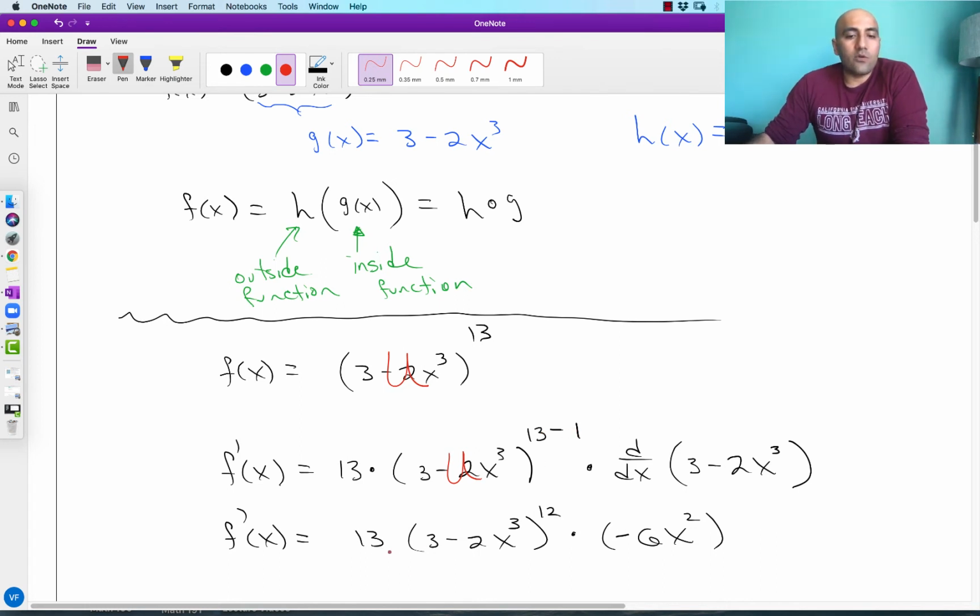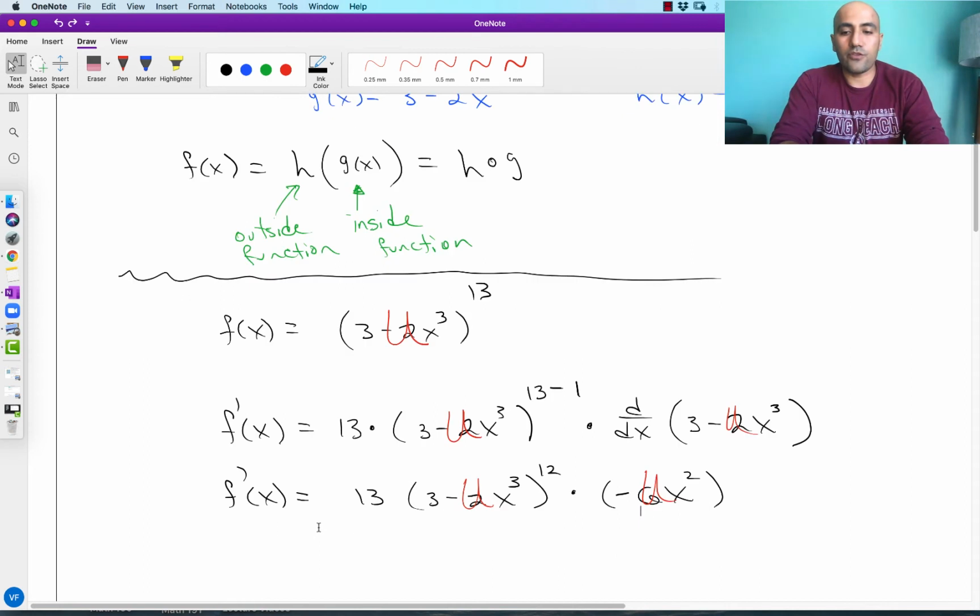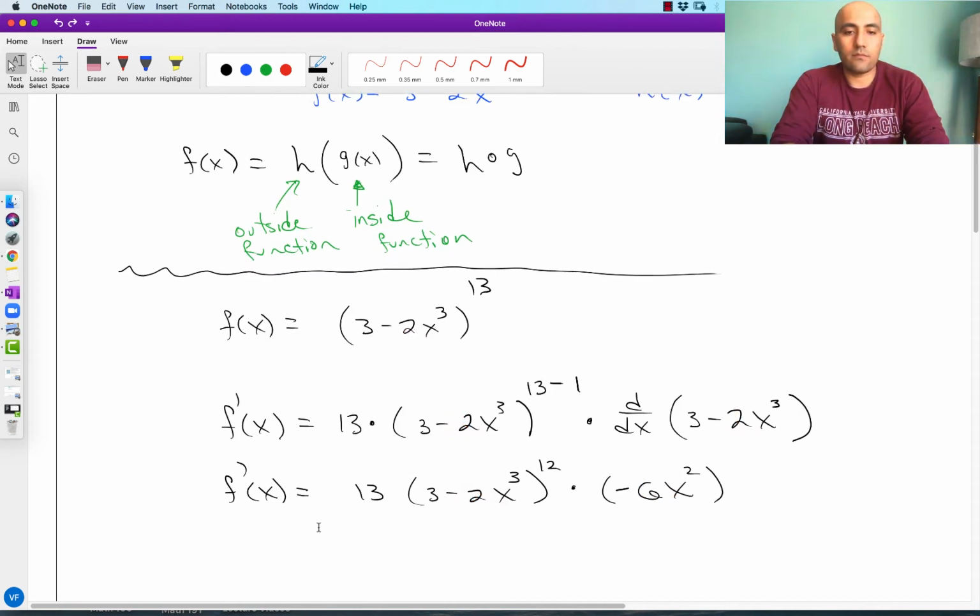So this is going to be equal to 13 times u to the 12 times u prime. The derivative of that u function is the derivative with respect to x of u, which is what this is. This is u prime. Okay? All right, well, let me erase all those u's. This is a much nicer, slicker way of getting to our conclusion without having to do that.